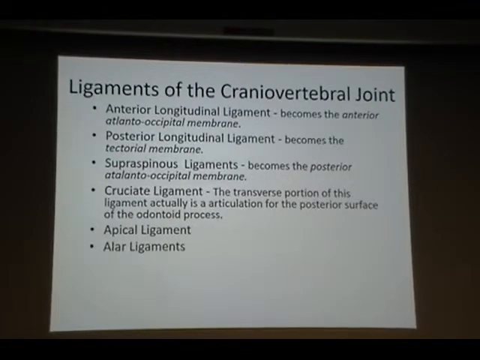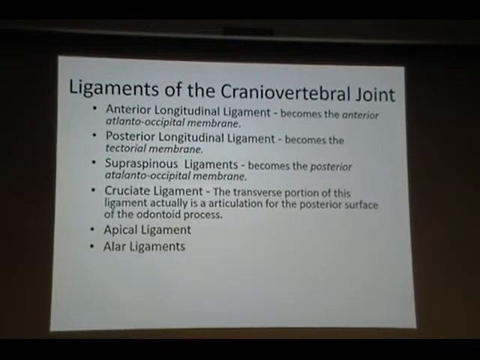And it's really important because this is actually doing two things. One, it is holding the atlas to the axis, okay? And secondarily, this is actually serving as the articulation for moving your head from side to side. Once again, this is kind of an interesting thing because we typically don't see soft tissue structures act as an articulation, but in this case it does.